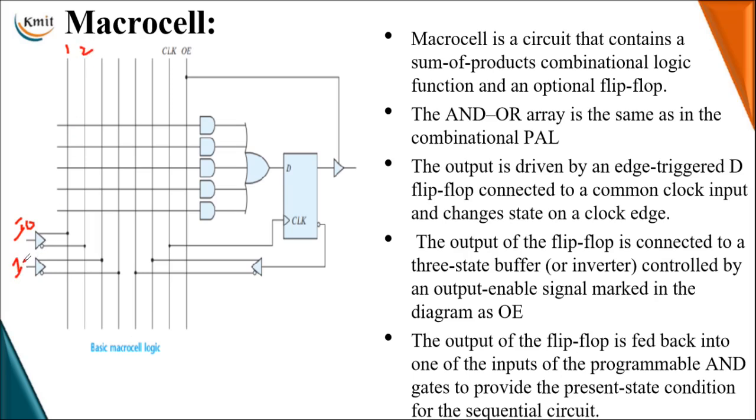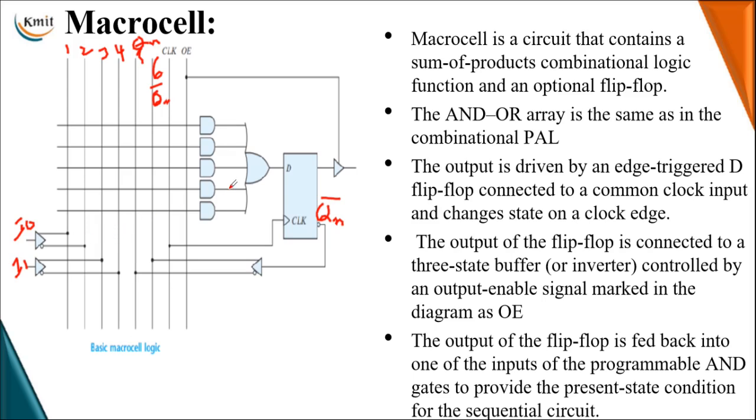The third line will be I1, and the complement, I1 bar, is obtained from the fourth line. Next, to obtain the present state, we take the output of the D flip-flop, the complemented one, Qn bar, which is transferred through this buffer. The fifth line will give the present state Qn, and the sixth line will give the complemented present state, Qn bar.